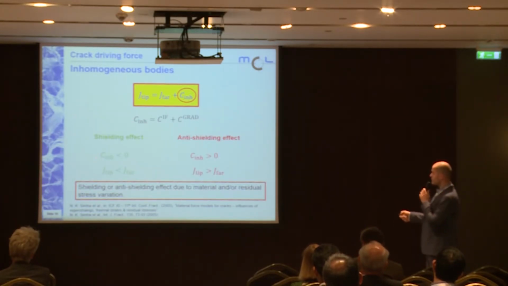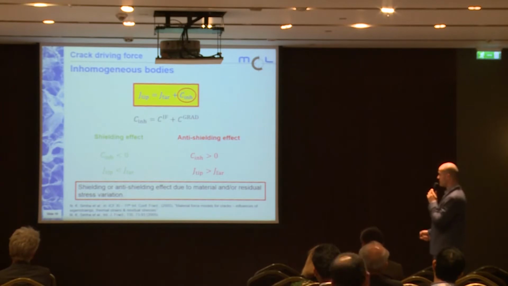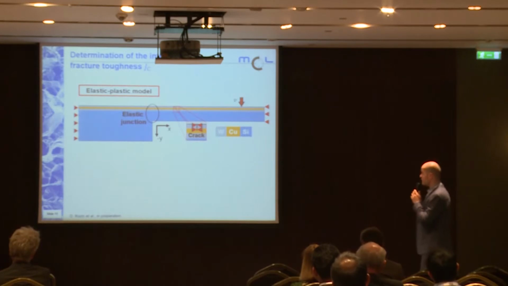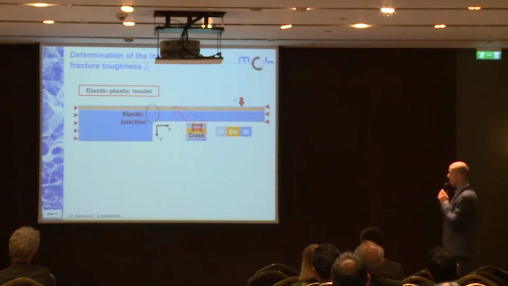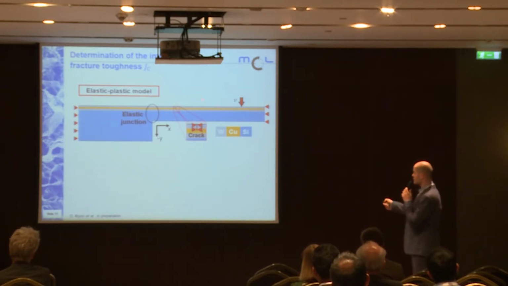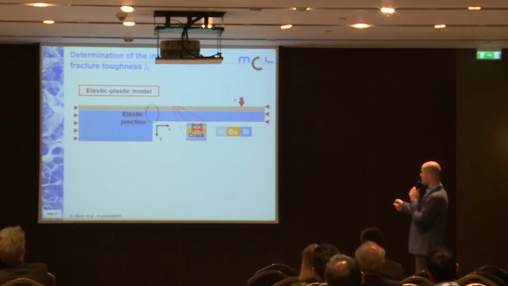We speak of a shielding effect on the crack tip if this C inhomogeneity term is smaller than 0, and of an anti-shielding effect if it is greater than 0. So what do we have to do to determine the intrinsic fracture toughness of every material in this composite?